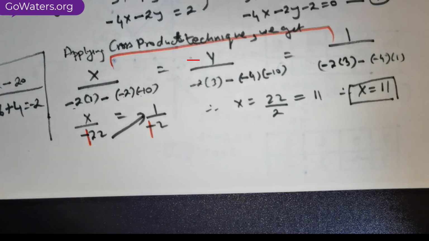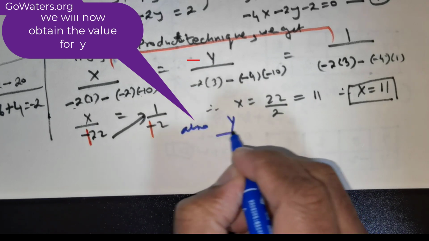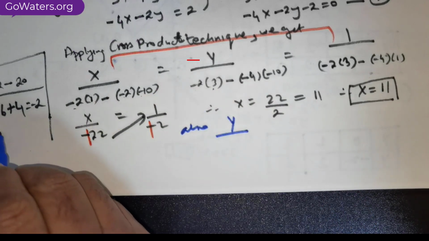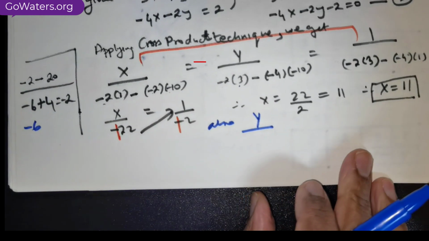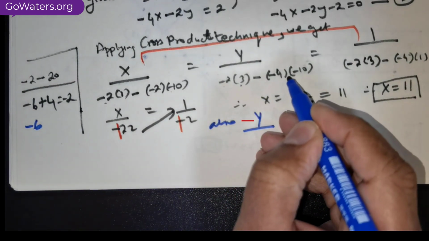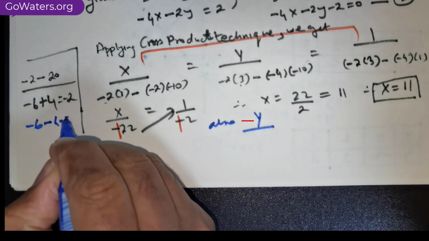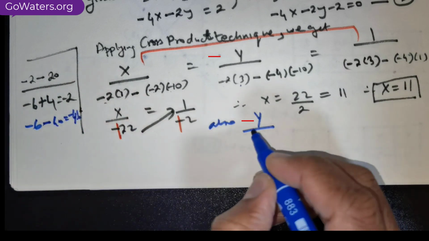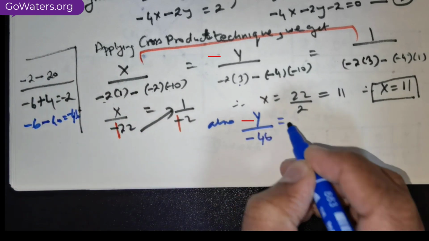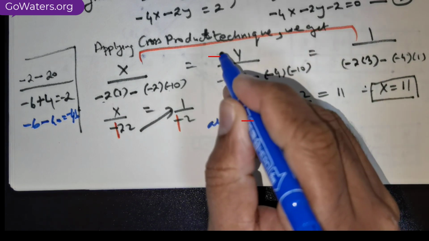Let me show that to you. So also you can state that y over negative 2 times 3, negative 6, and negative negative is positive, positive times negative gives me negative, 4 times 10 is 40, so this is going to be negative 46. So negative 46 is equal to, now there is one important concept you will have to remember.